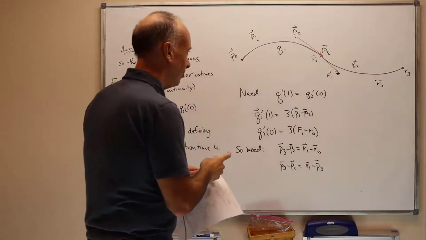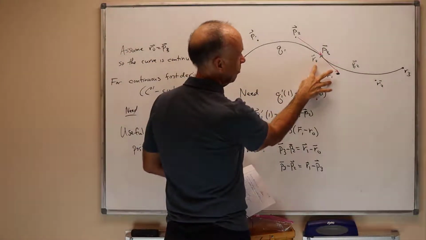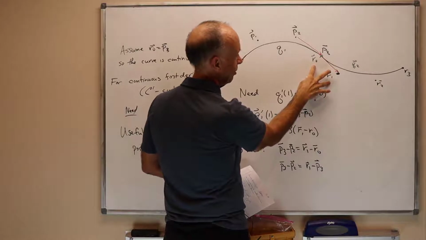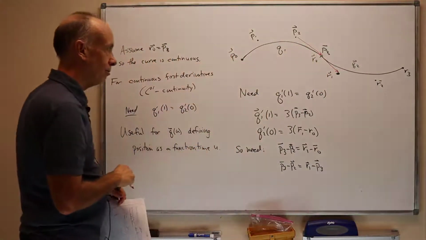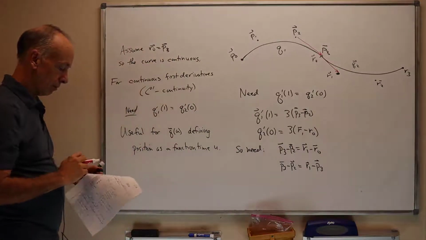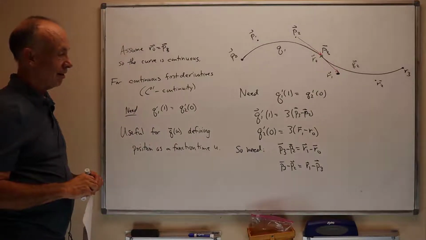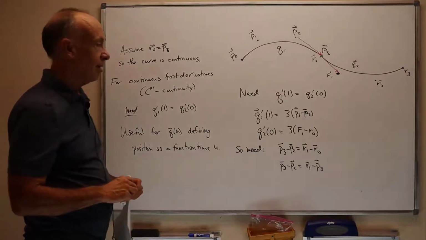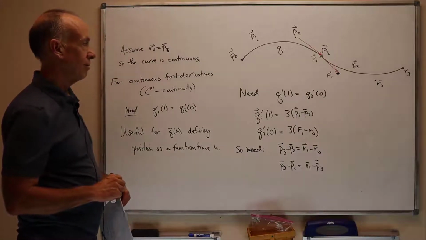Let's just assume they're drawn collinearly there. So we need that this vector between the first two control points of Q2 is equal to this vector between the last two control points of Q1. And that's in fact a necessary and sufficient condition to have C1 continuity, to have continuous first derivatives.